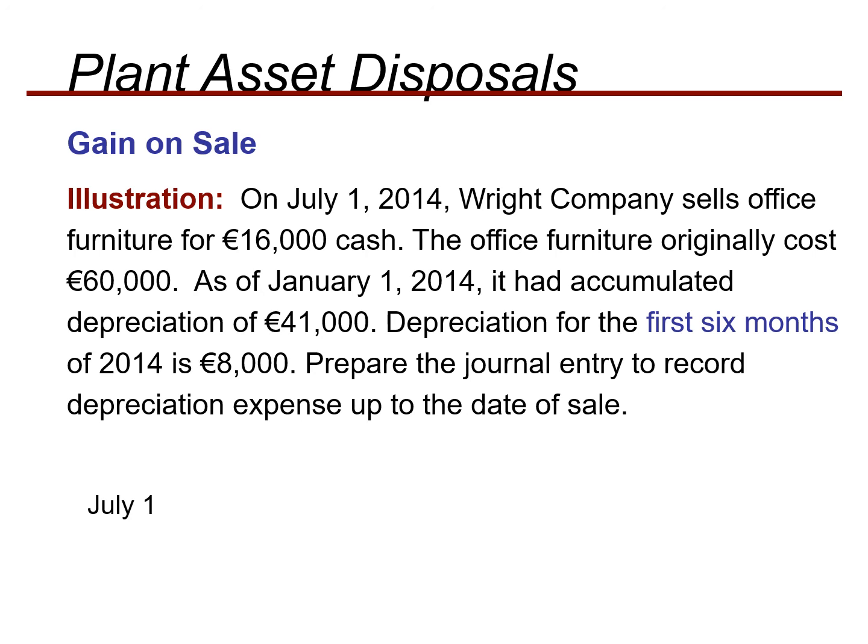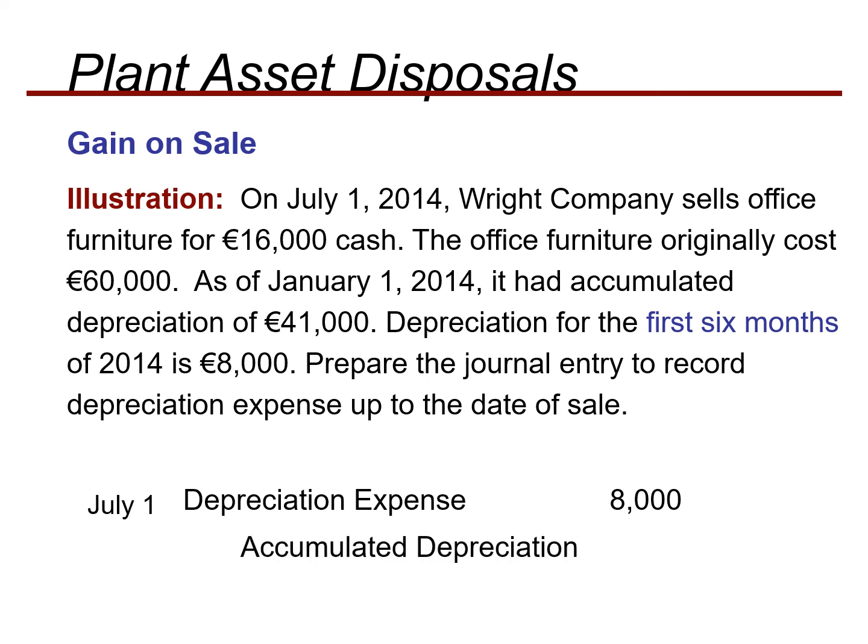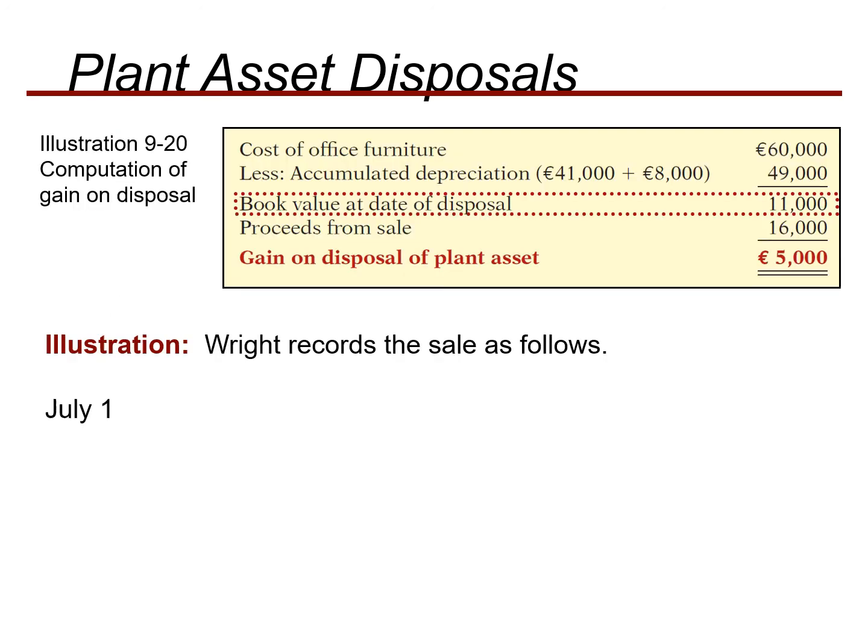We are required to record the depreciation for the current period, up to the date when we are selling that asset, which is 8,000. So we record the entry: depreciation expense debit 8,000, and accumulated depreciation credit 8,000.